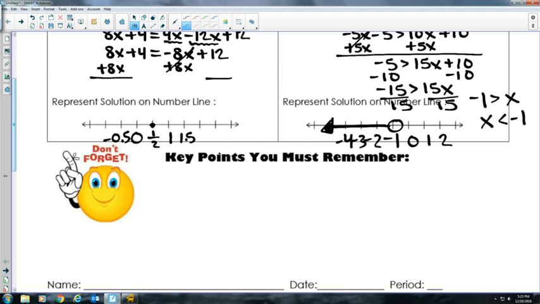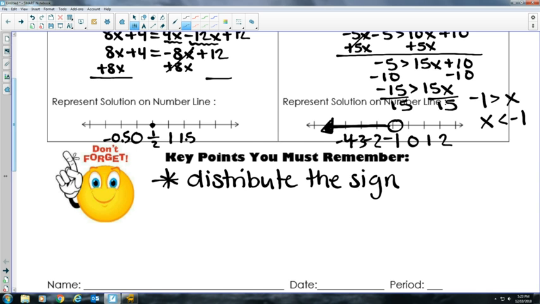Okay, a couple of our key points that we need to remember. I want you to make sure you're distributing the negative. So I'm going to say distribute the sign. If it's just a positive sign, you're going to make sure you're distributing that. If it's negative, you have to distribute the number and the negative.